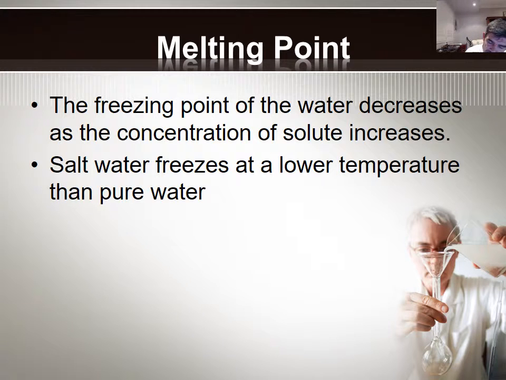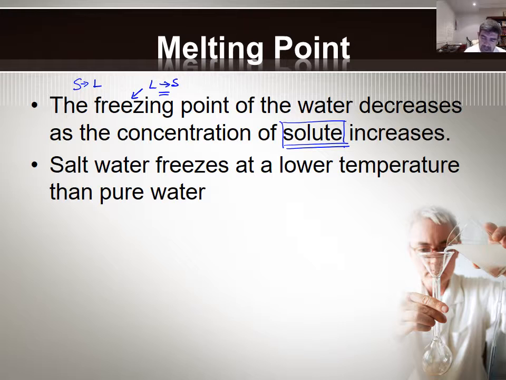Depending on whether we're going from the solid to the liquid, or in this case, the liquid to the solid, and therefore we are freezing, the point at which that occurs can actually be changed by the addition of a solute. Certain different types of salts can be added to water, and they will actually change the water's properties, its melting point and its boiling point.